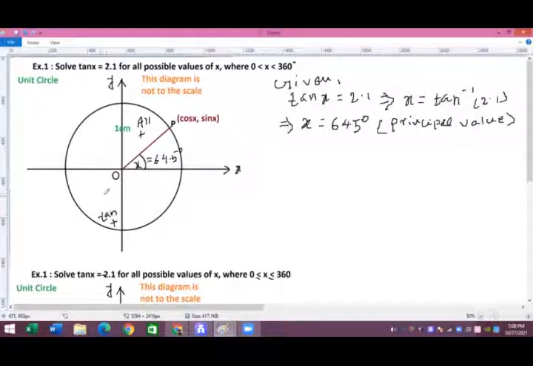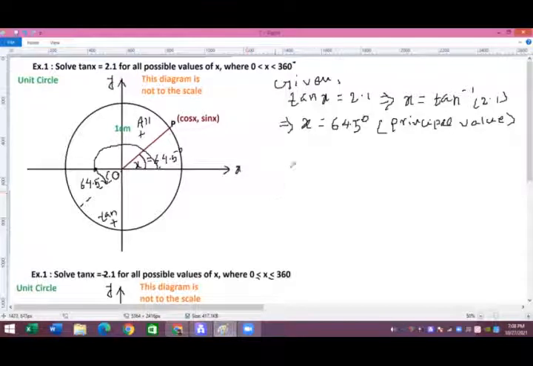cosine and sine are negative here. So we check for the positive value of tan x in this third quadrant, and let's take one angle over here equivalently in the third quadrant. So by the vertically opposite angle case, here it is 64.5, and if you start to count from here up to here, then it is 180 degrees plus 64.5 degrees.